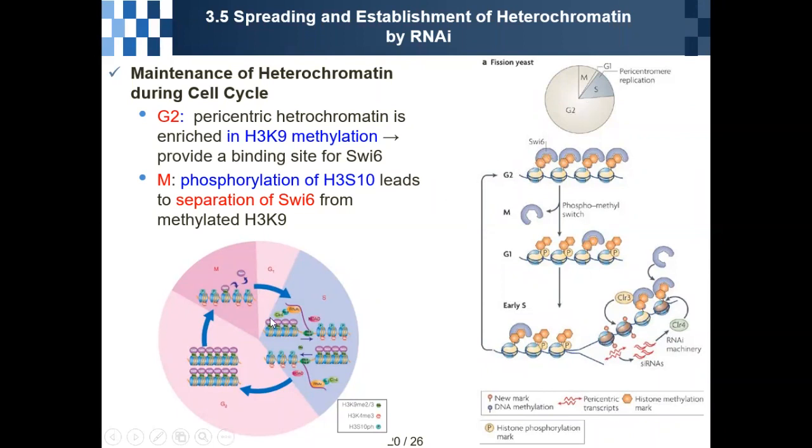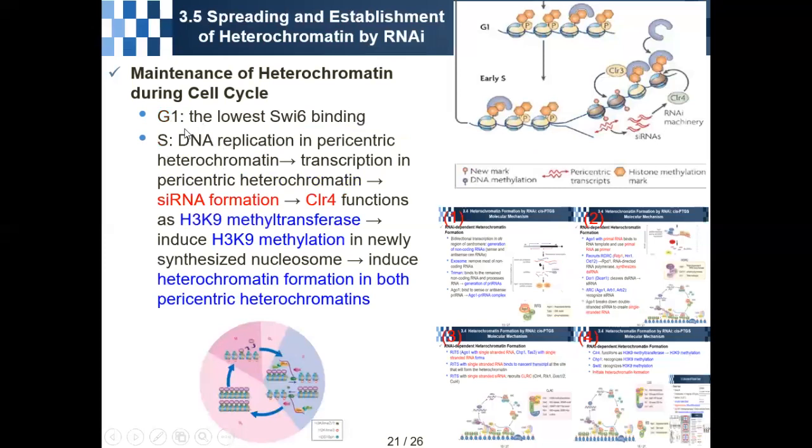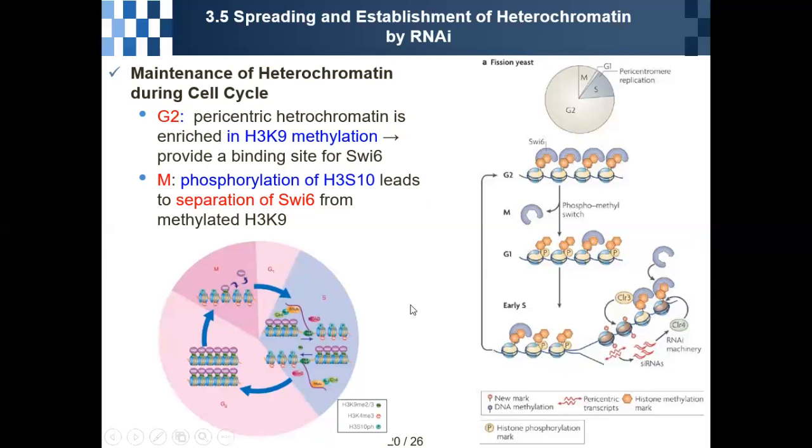Based on the two pictures, you have to explain the phenomena, especially in G2 phase and M phase, and G1 phase is like this. This is the lowest Swi6 binding status, then the S phase. So you have to explain the procedure very briefly.